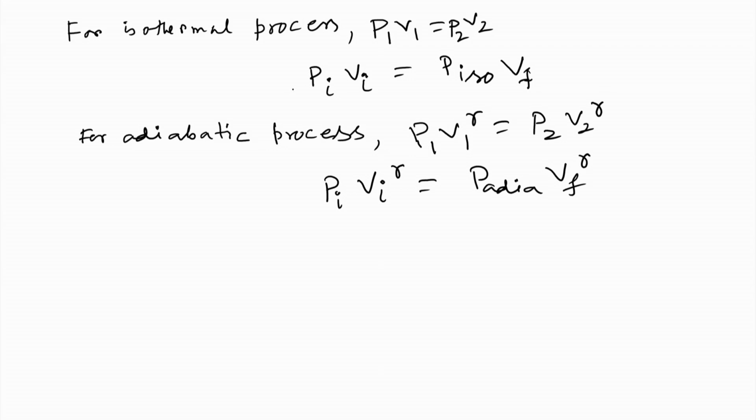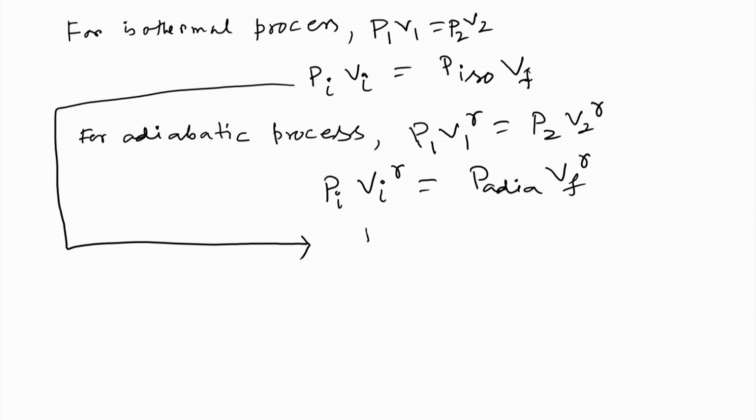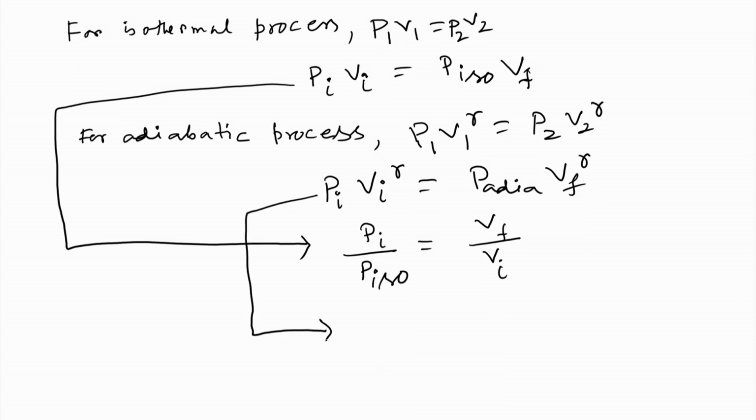Now, from here we can write Pi by P iso like this, and from here we can write Pi by P adia like this. Okay.